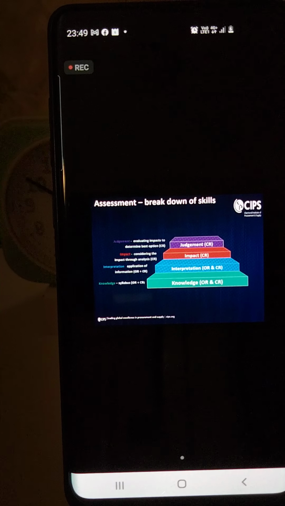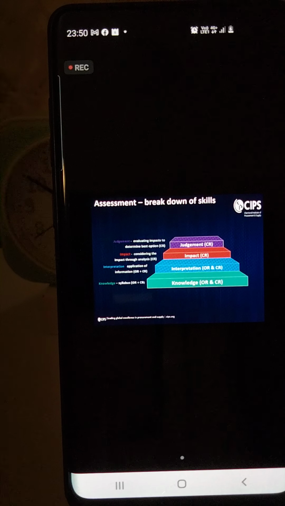And finally, but by no means least, it's the judgment. So you'll be asked in a number of different questions in the CR type of question bank around what would be the best option, or what would be your suggestion or recommendation for a particular scenario.